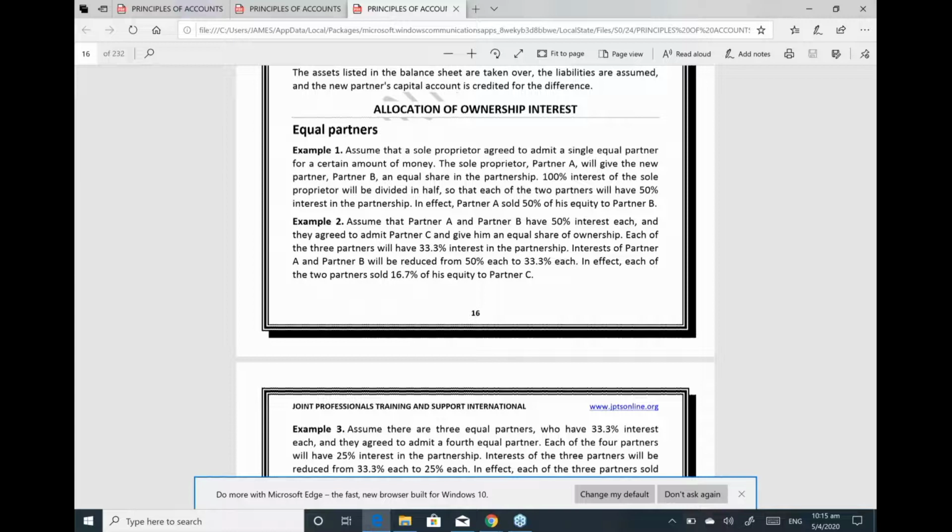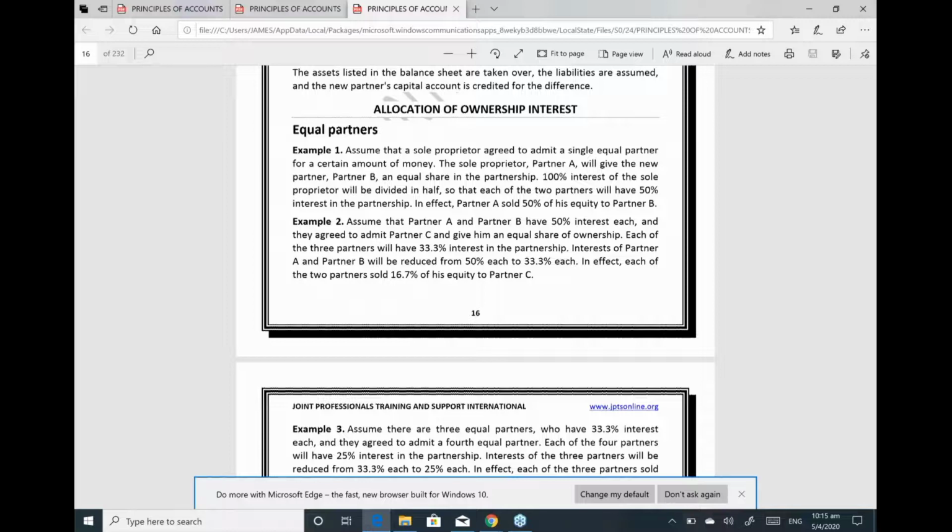So in fact, each of the two partners sold 16.7% of equity. That means 33.3 divided by 2 gives you 16.7% of his equity to partner C. That's what they give to him.